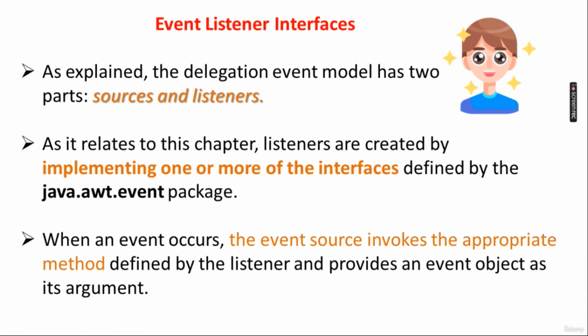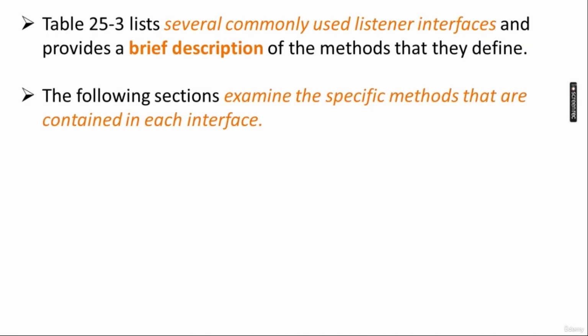So it will call the method from the listener class and provide the event object as an argument. It will call the listener, pass the particular argument, and tell the listener to handle this event. Like key is pressed, do something on this. Text area has been changed, do something on this. Mouse has been clicked, do something on this.